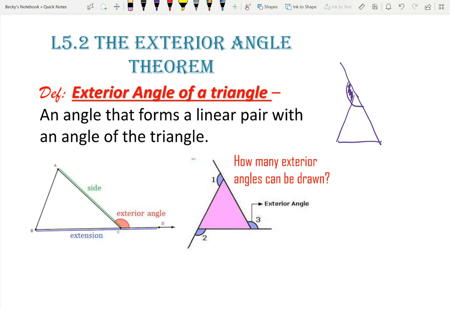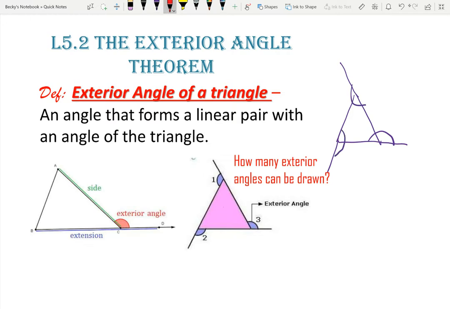Now the question is, how many exterior angles can there be with one triangle? Okay, so if I extend them out kind of like this picture over here does, there's 3, but is there only 3? Well, let's take in consideration, yes, this is a linear pair, this is a linear pair, and this is a linear pair.